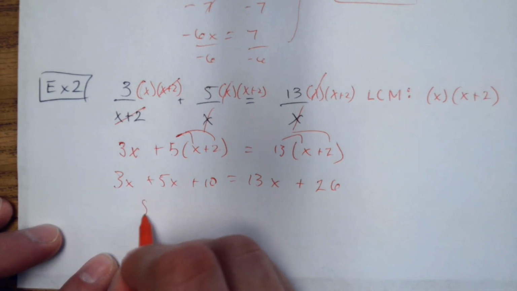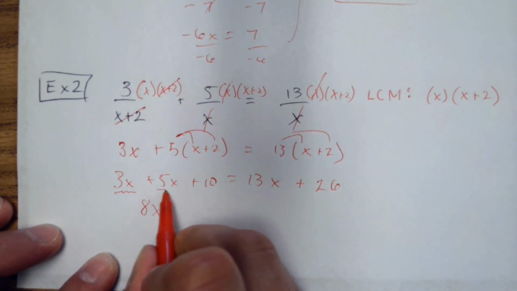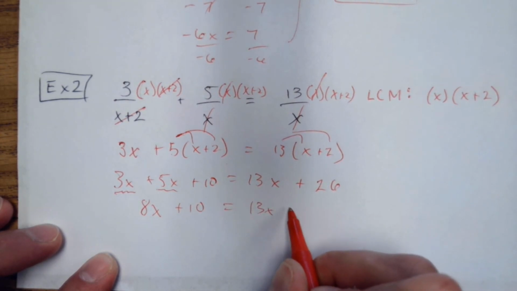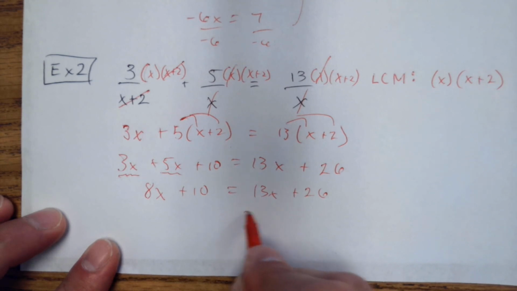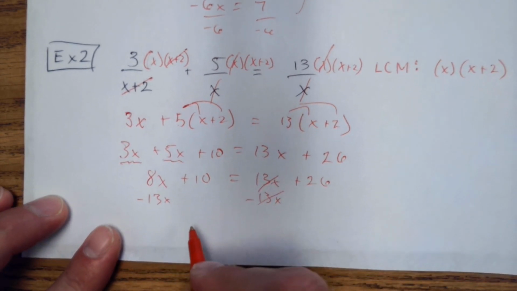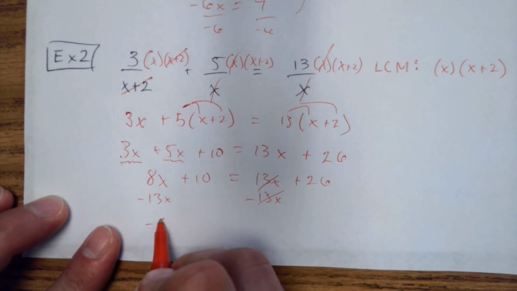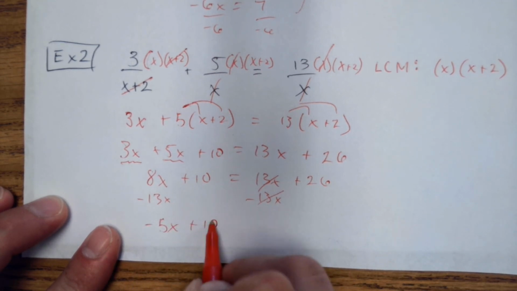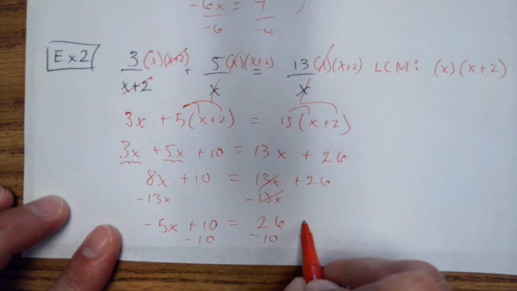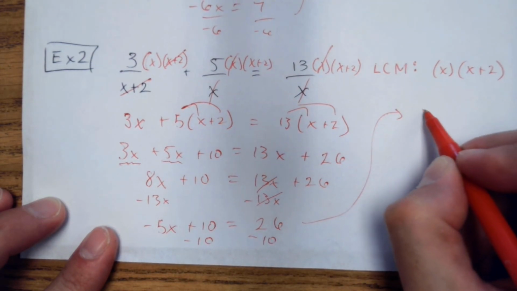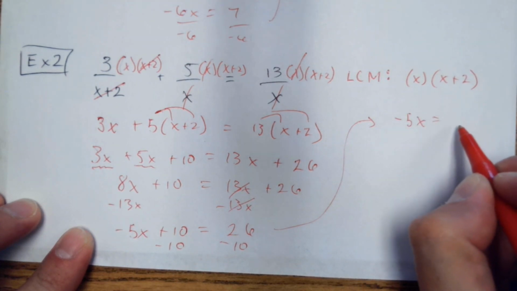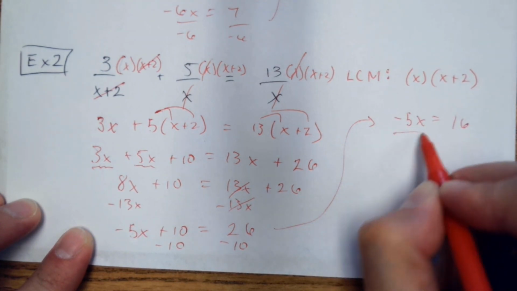And then 8x plus 10 equals 13x plus 26. Subtract 13x. And we have negative 5x plus 10 equals 26. So negative 5x equals 16. Divide by negative 5.